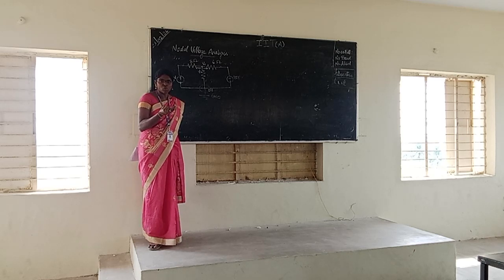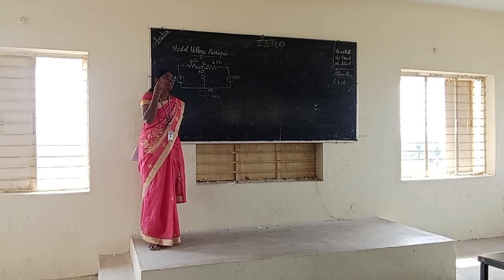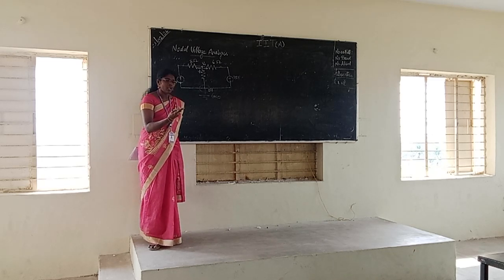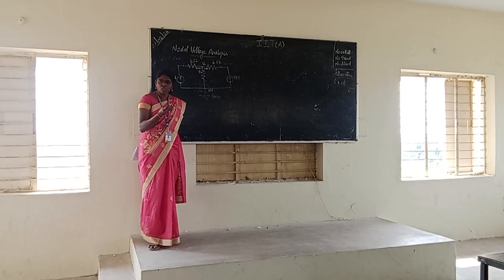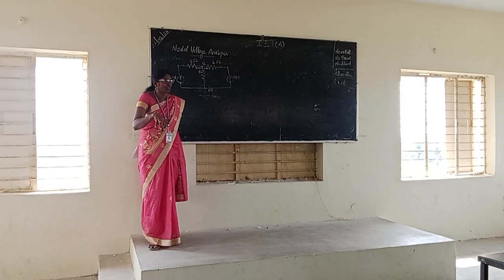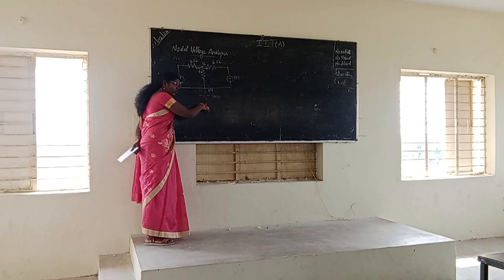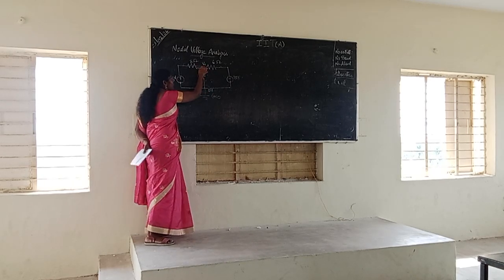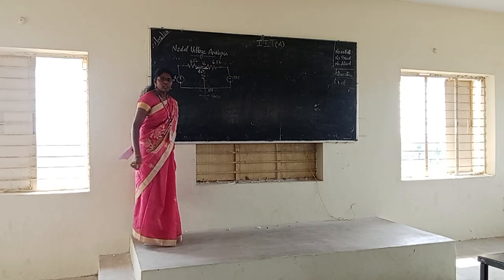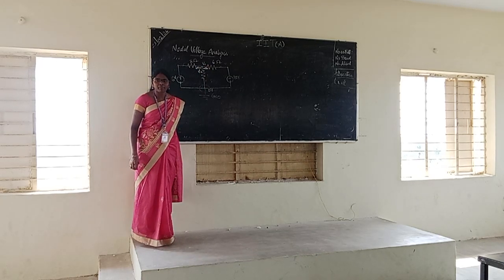That other end of the node is the reference node, and it has to be grounded. That grounded point will have 0 voltage. Since the current is passing through the ground, we are taking the reference node to the ground, and at the point left, we are assuming that the current is leaving away from that point.